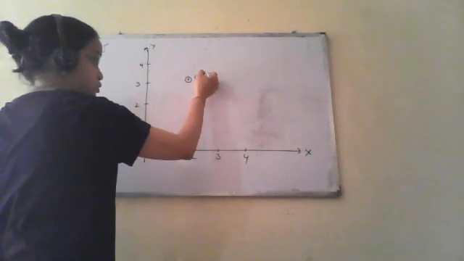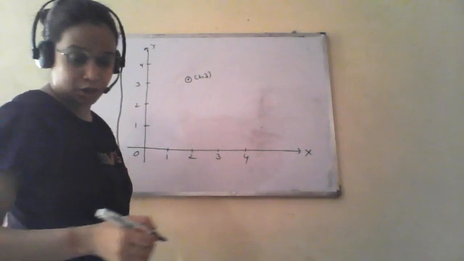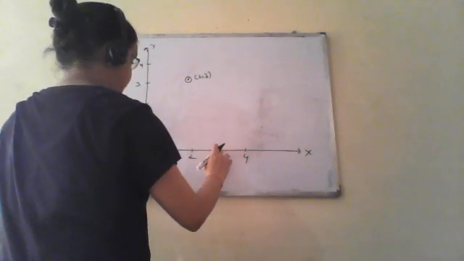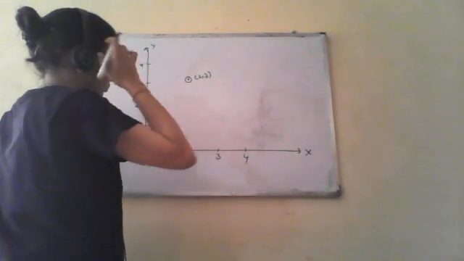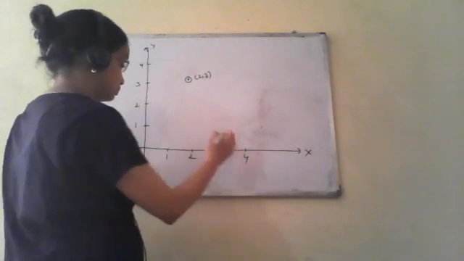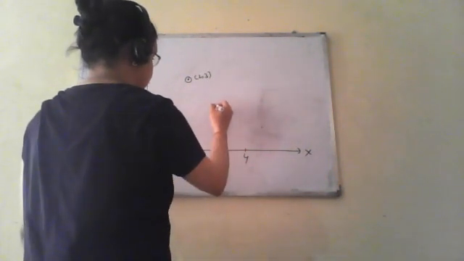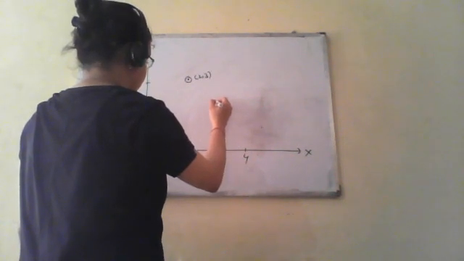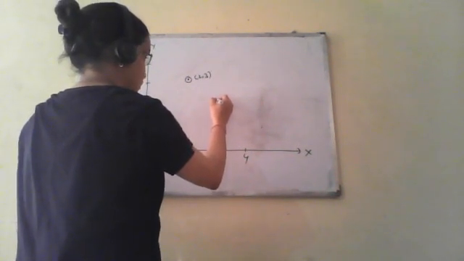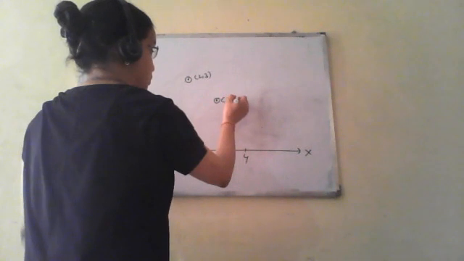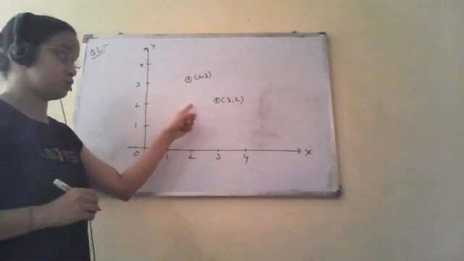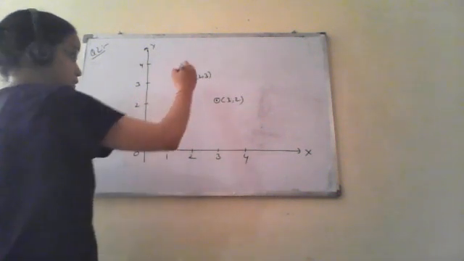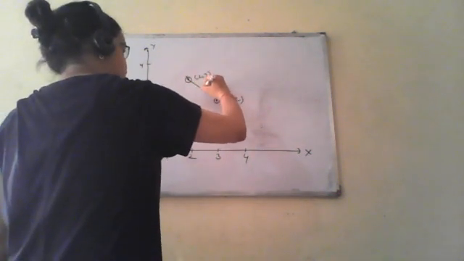This is (2, 3), and for (3, 2), x is 3 and y is 2. Okay, now what we have to do is draw a line passing through these. So we will draw a line.